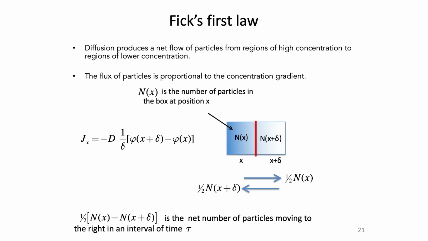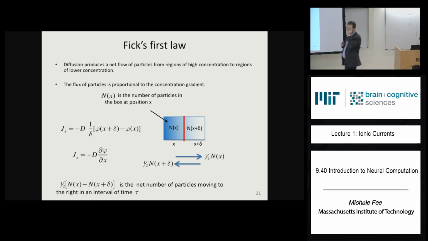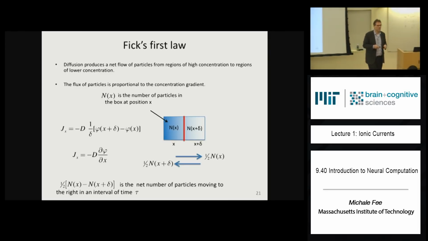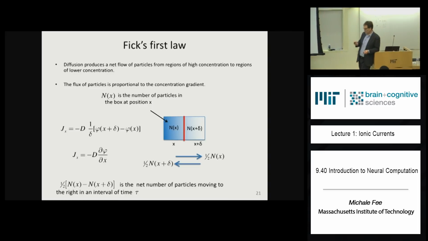So if you calculate the flux, it's minus the diffusion constant times 1 over delta, the separation between these boxes, times the concentration here minus the concentration there, and that is just a derivative, and that's Fick's first law. I have a few slides at the end of the lecture that do this derivation more completely, so please take a look at that if you have time.